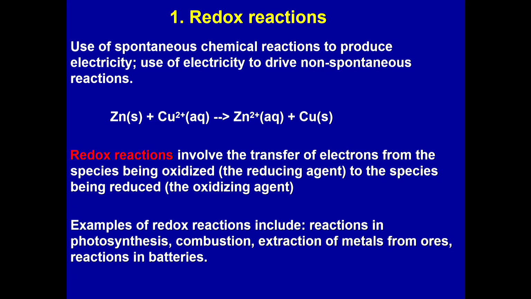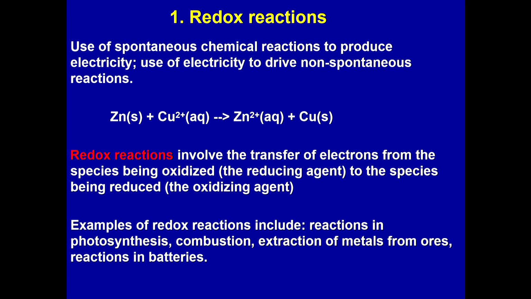A redox reaction takes place when there is a transfer of electrons from the reducing atoms to the oxidizing species. So basically, redox reactions mean some electrons move from one compound or reactant to another, or from one element to another element. This is called a redox reaction.